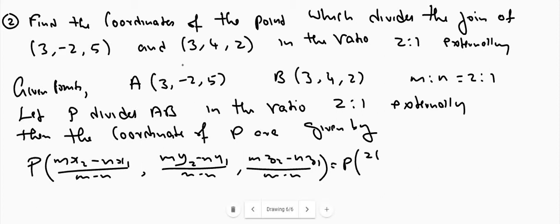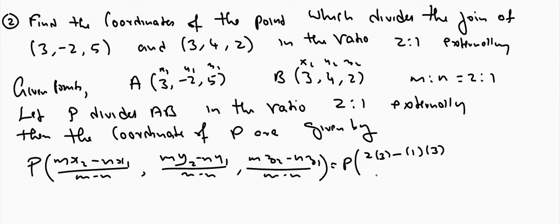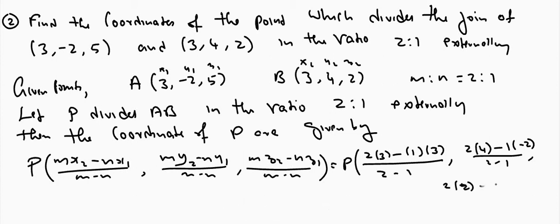Taking the points as x1, y1, z1 and x2, y2, z2, we get 2 into 3 minus 1 into 3 divided by 2 minus 1. Then y: m is 2, 2 into 4 minus 1 into minus 2 by 2 minus 1. Finally z: 2 into 2 minus 1 into 5 by 2 minus 1.